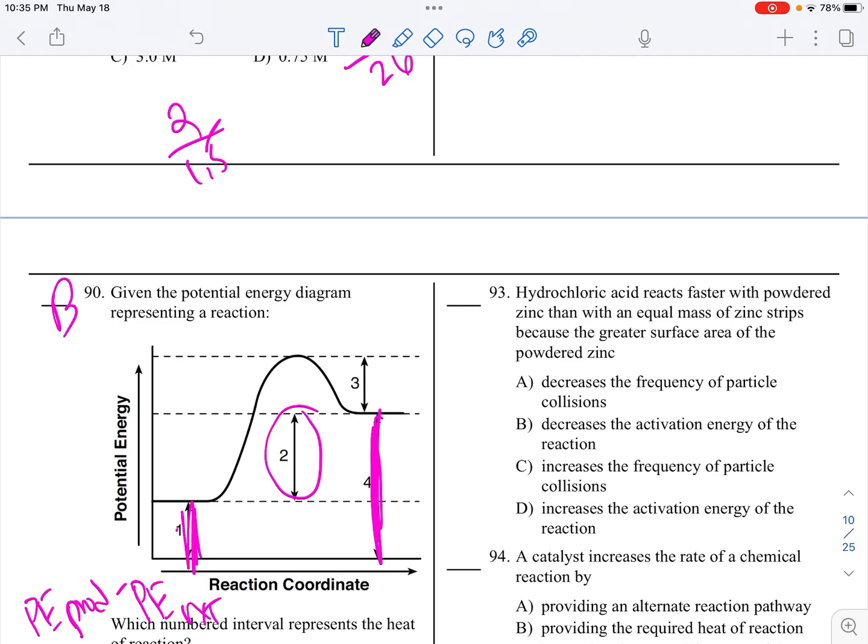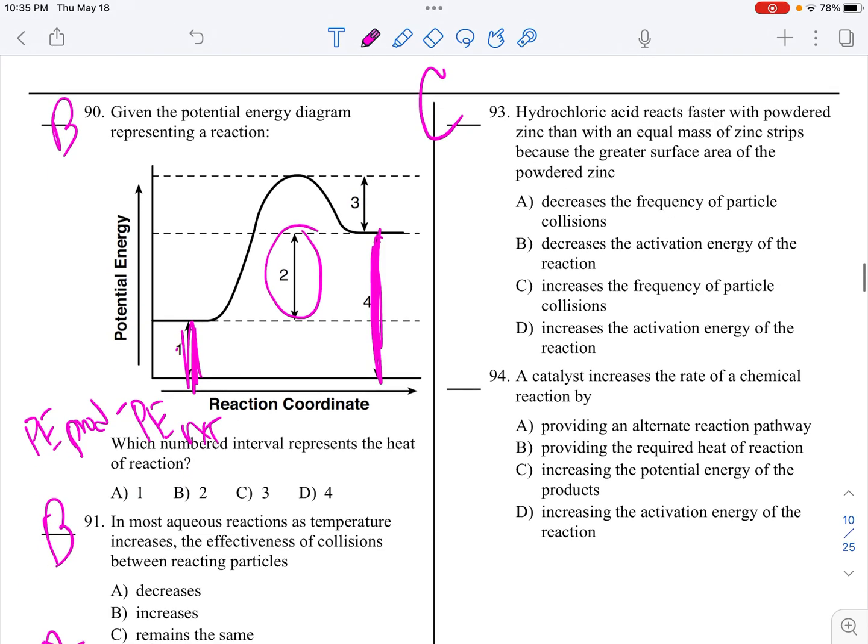Hydrochloric acid reacts with powdered zinc with an equal measure. So the greater surface area of the powdered zinc increases the frequency of particle collisions. Yes, more opportunity to interact.